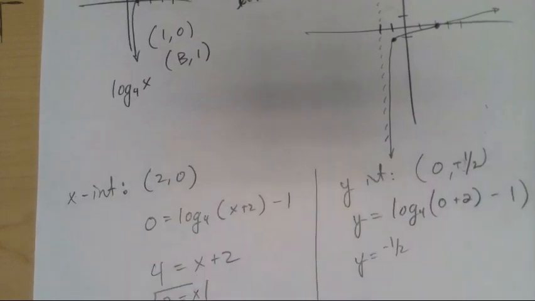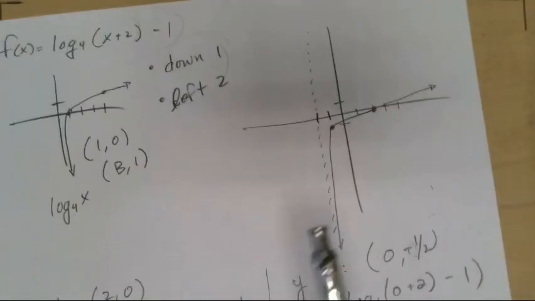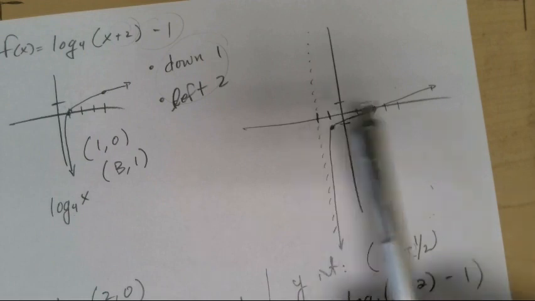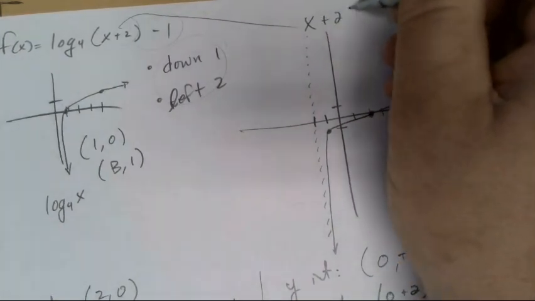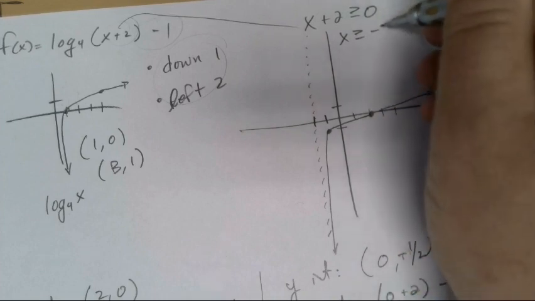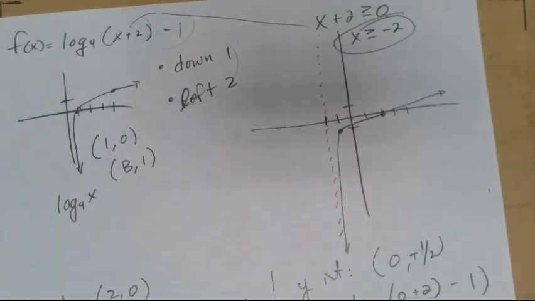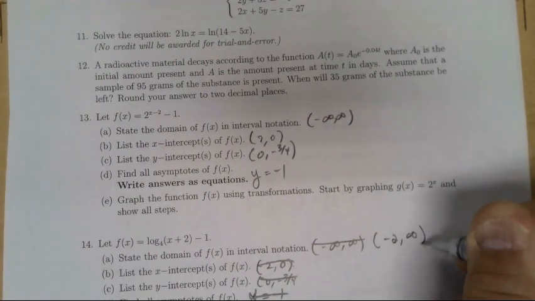Cool. Okay. So, oh, and the domain. The domain of this, check it out, goes from -2 to infinity. The reason for that is the interior of that logarithm, the x plus 2, has to be greater than 0, so x has to be greater than -2. So there's my domain, from -2 all the way to infinity.